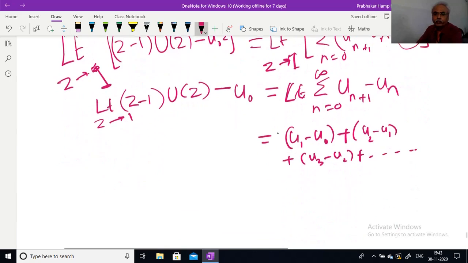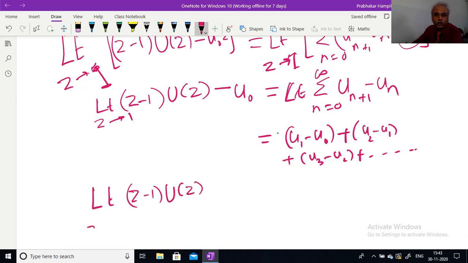Now you can observe that the limit of (z minus 1) u(z) as z tends to 1, minus u naught: u1 and u1 are getting cancelled, u2 and u2 are getting cancelled, u3 and u3 are getting cancelled. Here you need intuition. For the first term there is no cancellation term. Similarly for the last term there will be no cancellation term. So what remains is the last term and the first term, minus u naught.